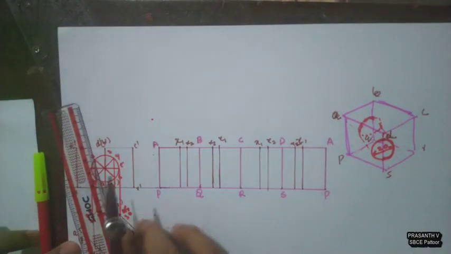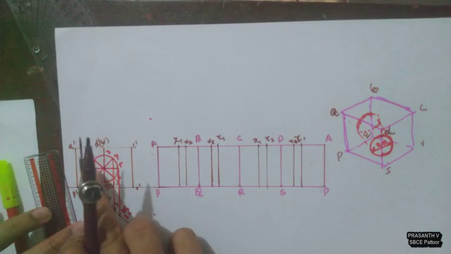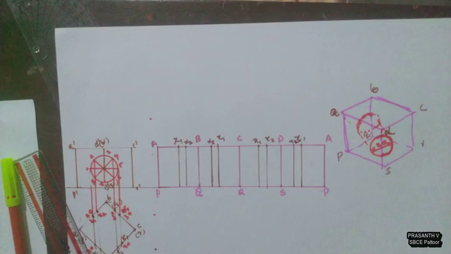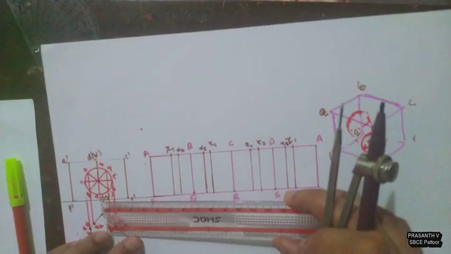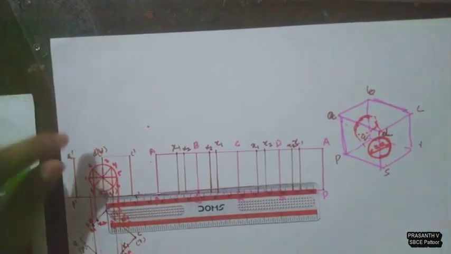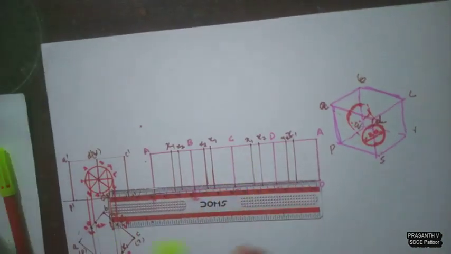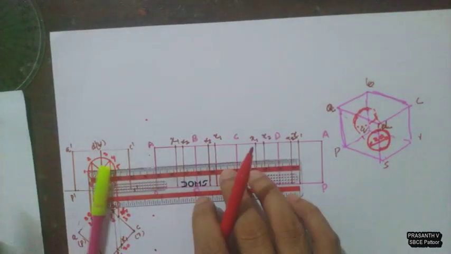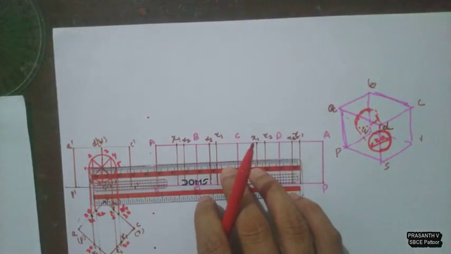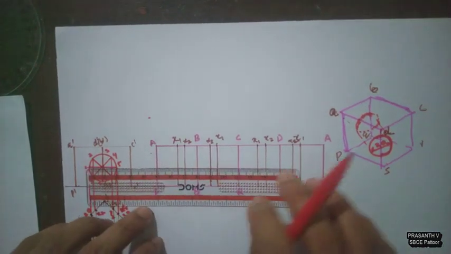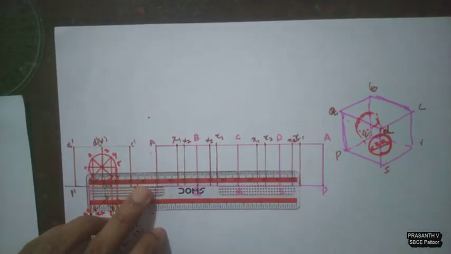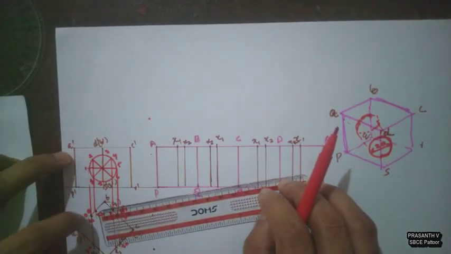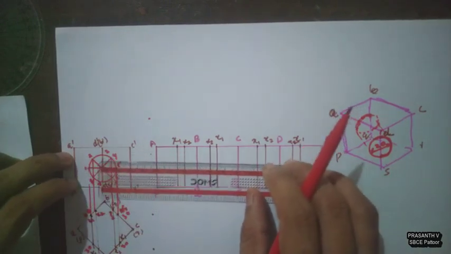See, now we just simply draw the projectors from the circle to meet the corresponding points on these imaginary edges as well as the real edges. Now we will do that. You can see point 1 is on x1, 1 and 5.